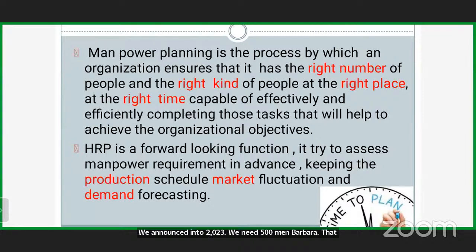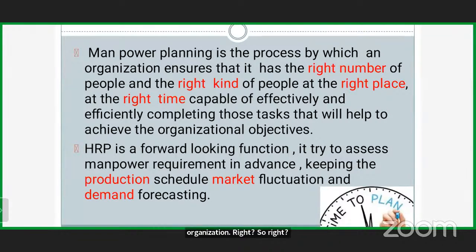Right kind means the qualification, experience, knowledge, and skills. For example, we need an MBA graduate with 3 years of experience, with a career like this, and the knowledge must be there in that area. These are the things designed by the organization. So the right number is 500, and the right kind is the right skill.